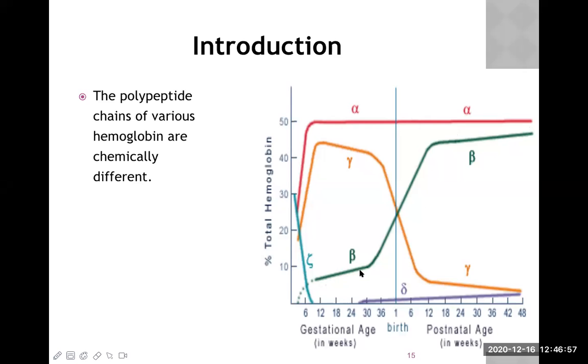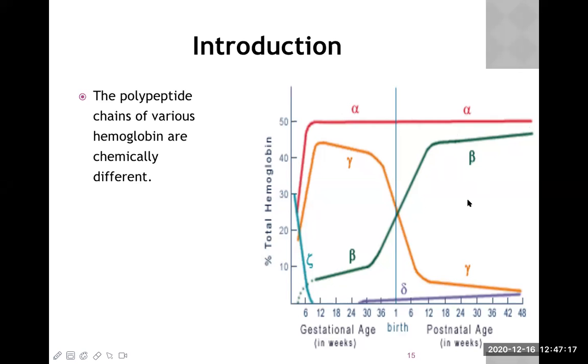Look at the percentage of beta according to the age group. In the intrauterine life, the percentage of beta chain is not that much. At the time of birth, okay, it is increasing. And see there, at 6 months of age, it is very much increased.